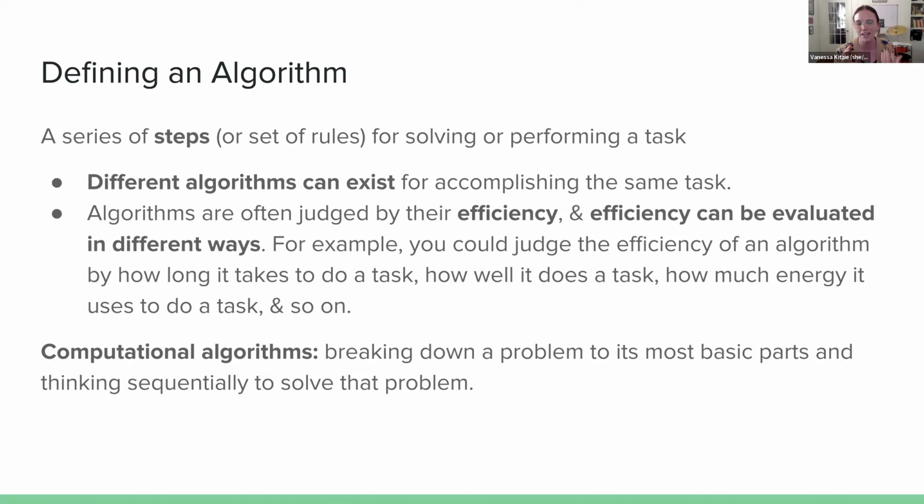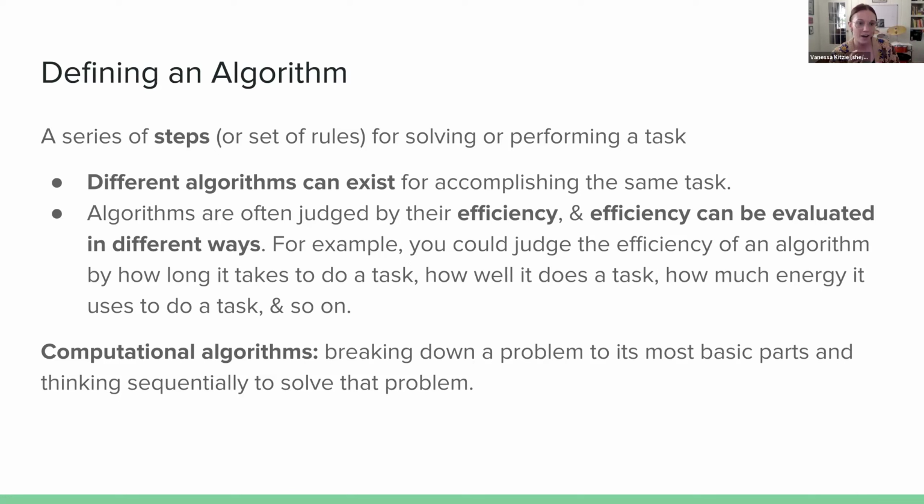So for instance, we might say things like the Google search algorithm knows me, or like when I go on TikTok, my For You page, that algorithm really has an understanding of the sort of content that I like. But what's really interesting is that algorithms play a role in our everyday lives, and we are unknowingly creating and executing algorithms consistently. Because algorithms are basically just a series of steps or different rules that we can take for solving or performing a task.